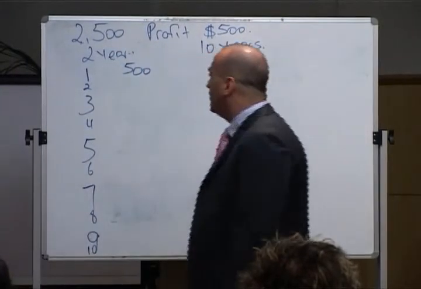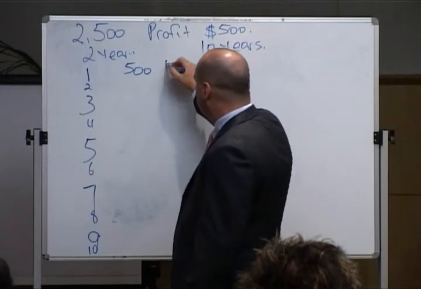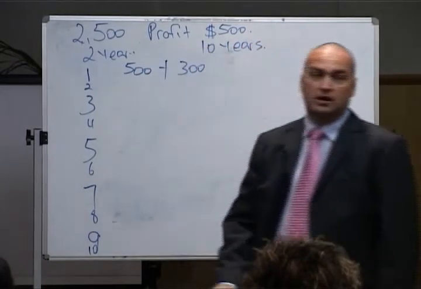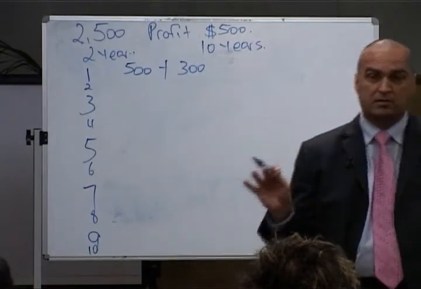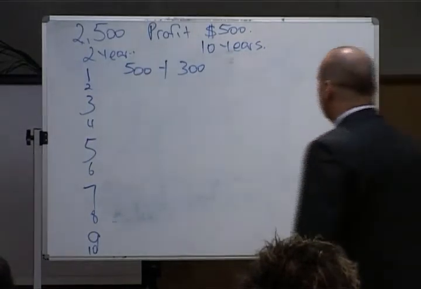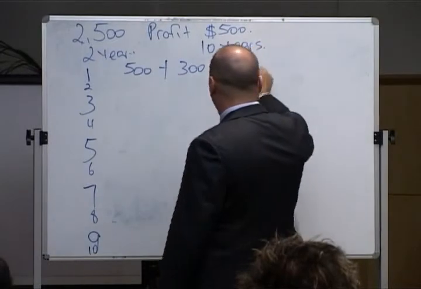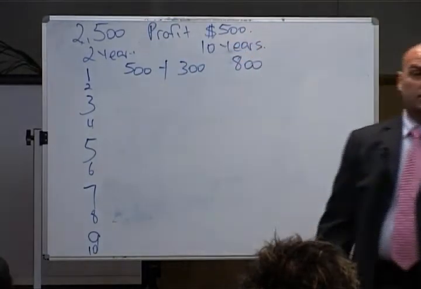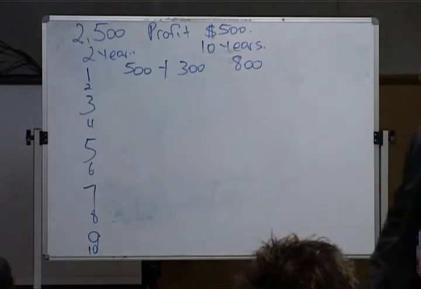So in year one, you've given me $500 and $300 in other sales, correct? So you're worth $800 to me in the first year. In year two, you're not buying a computer, are you? What are you giving me? $300.